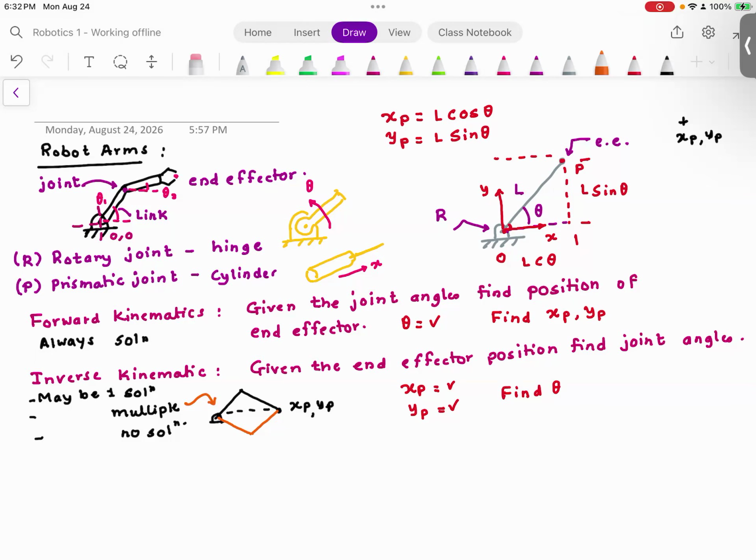But sometimes the work envelope may not be complete. What it means is you can have a spherical work envelope, but because of the physical geometry of the robot, some parts inside that work envelope cannot be reached.